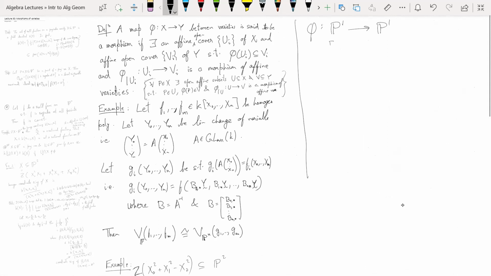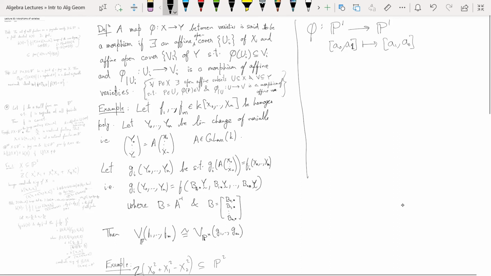Elements of P1 look like the class of (A0, A1), and both A0 and A1 shouldn't be 0. I want to send it to a pair. Of course I can send it to (A1, A0), and then you can ask whether this is a morphism of varieties or not.